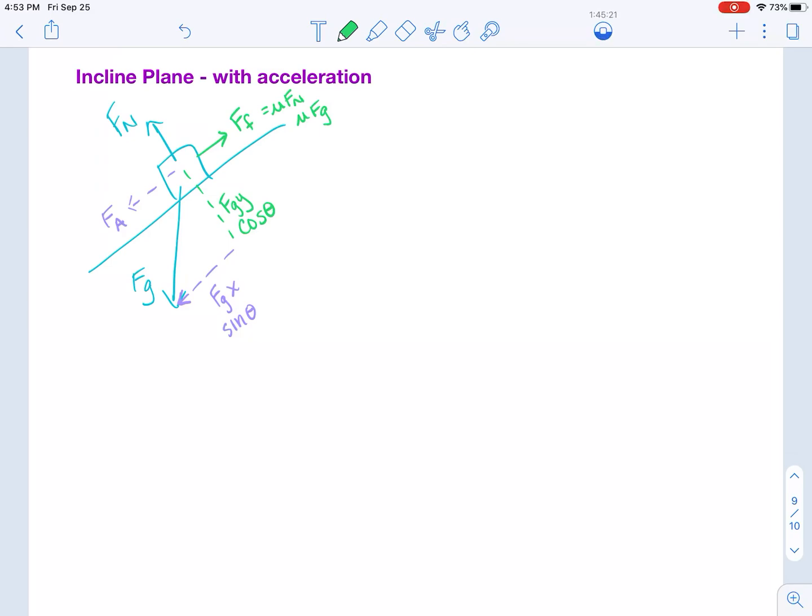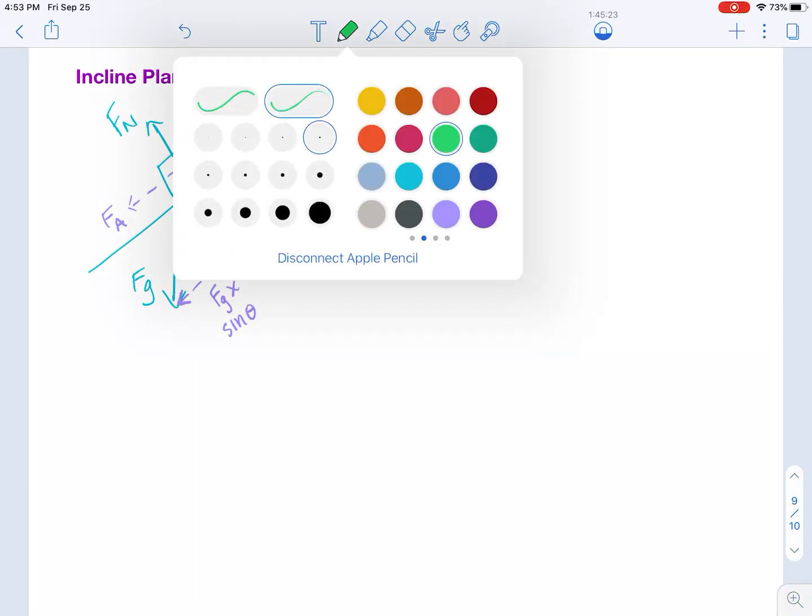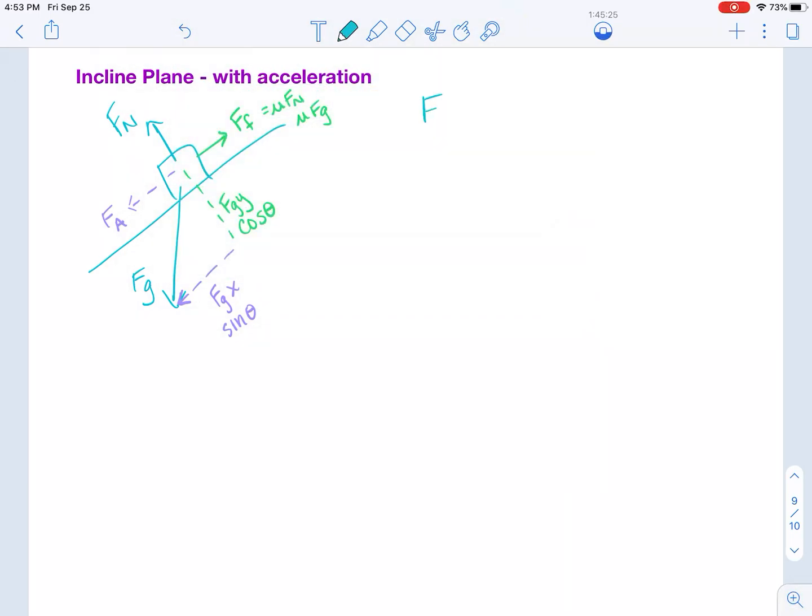So now that we've reviewed all of that, our formula is F net is equal to the sum of the forces. And friction is opposing my object's motion. So we would once again expand these different parts of the formula. My net force is mass times acceleration.